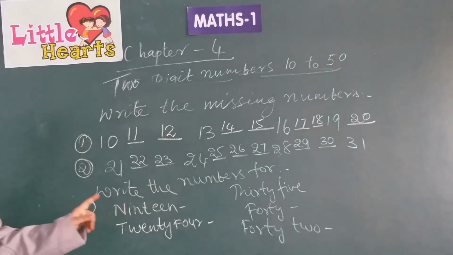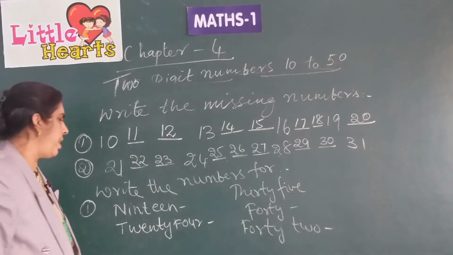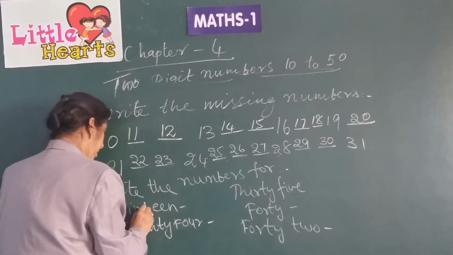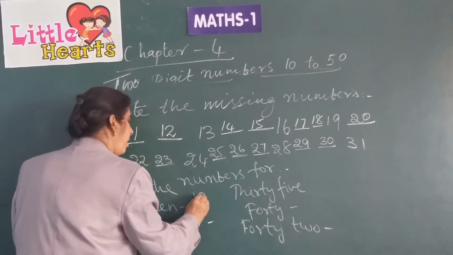So number names are given. You have to write the number 19. 1, 9.